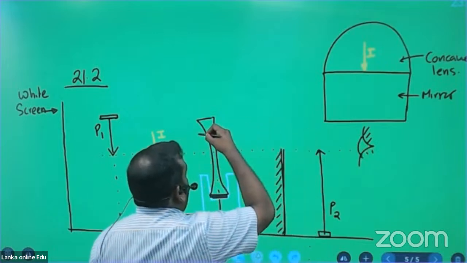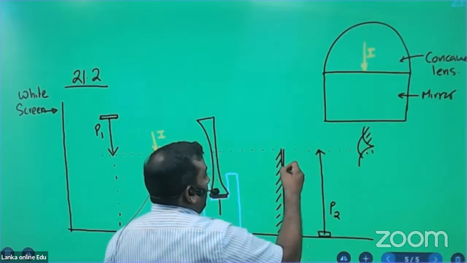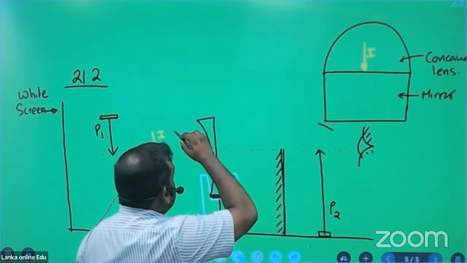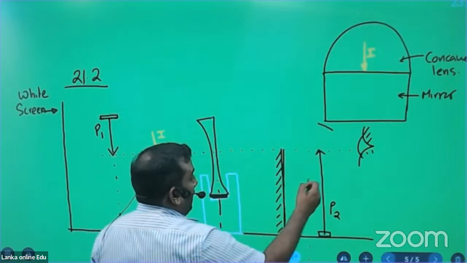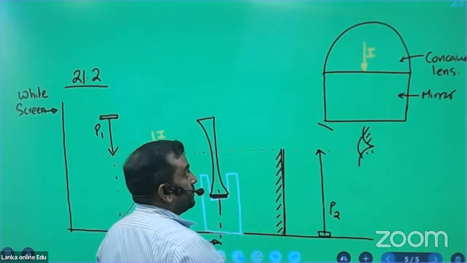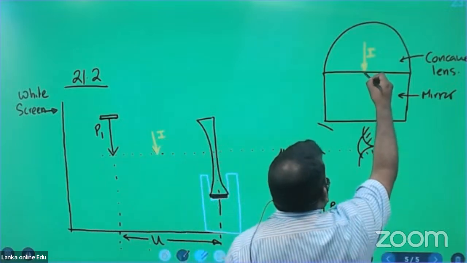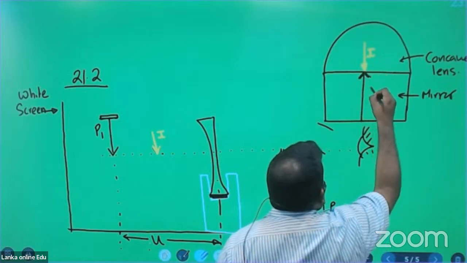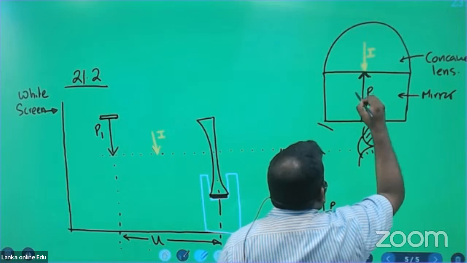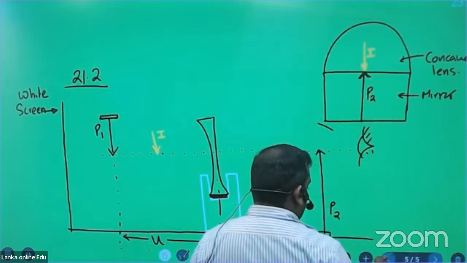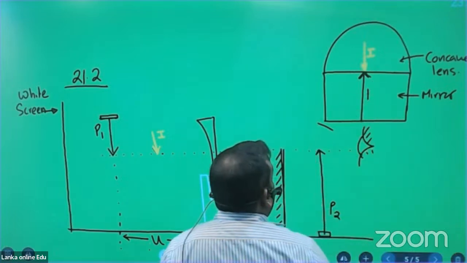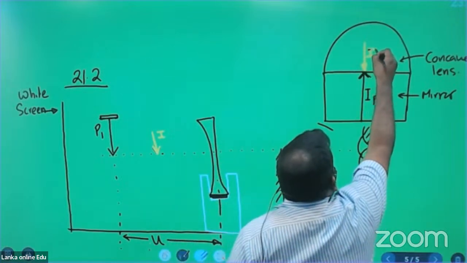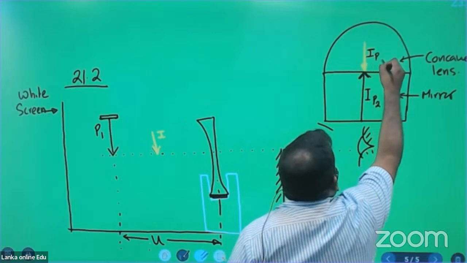I can see part of the concave lens, I can see part of the mirror. From the lens, I can see this image. From the mirror, I can see this image. Now the image is going to be here. Image of P2. This is going to be the image of P1. Finished.